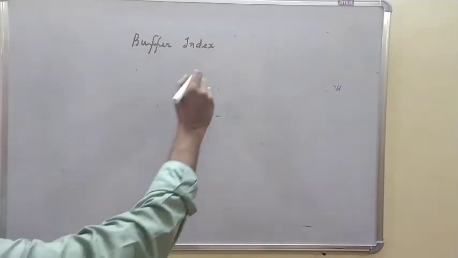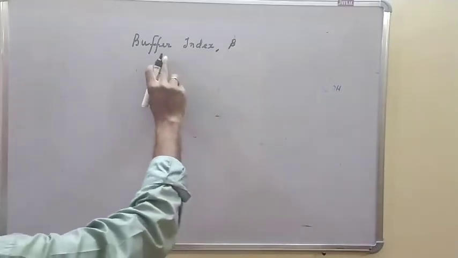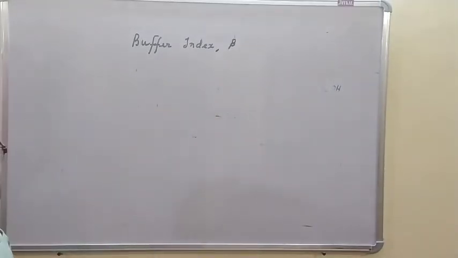Buffer index beta of a buffer solution is a differential ratio, defined as the ratio of the increment of the acid or base added in the buffer to the corresponding variation or change in the pH of the solution.